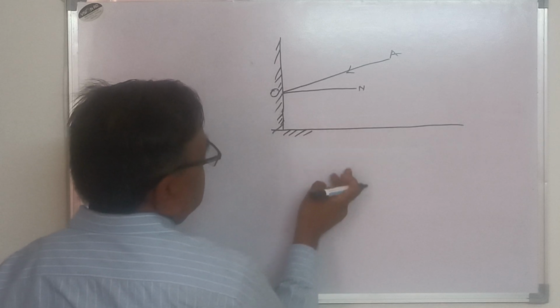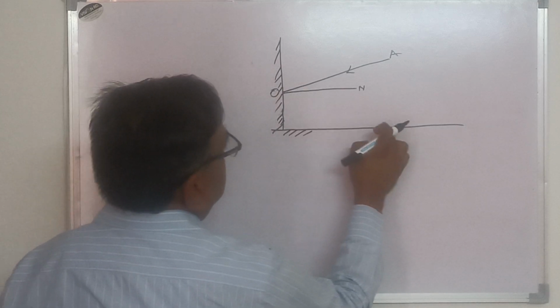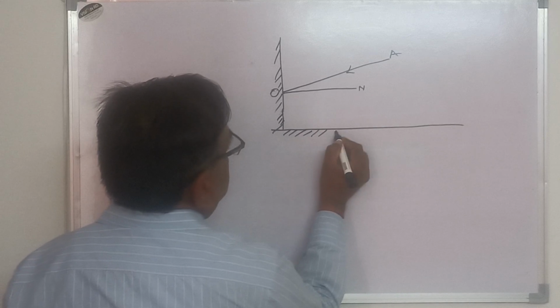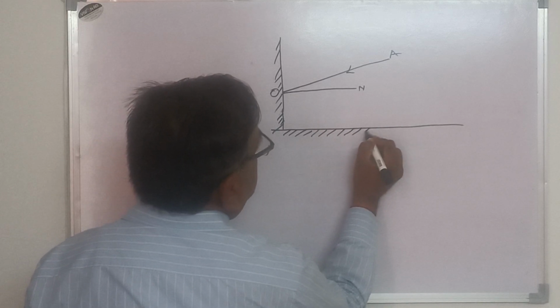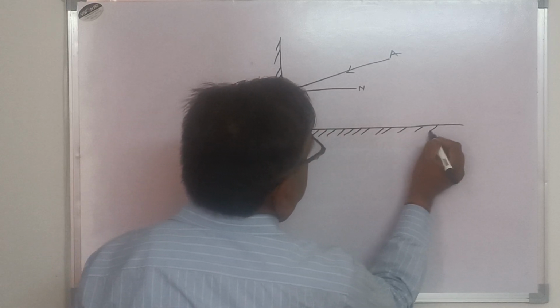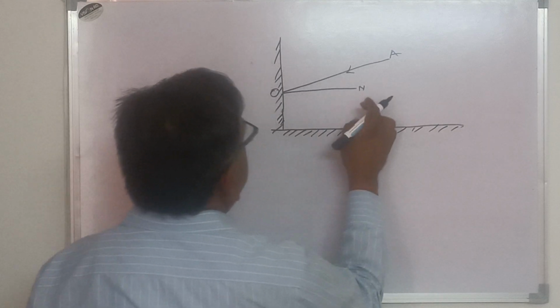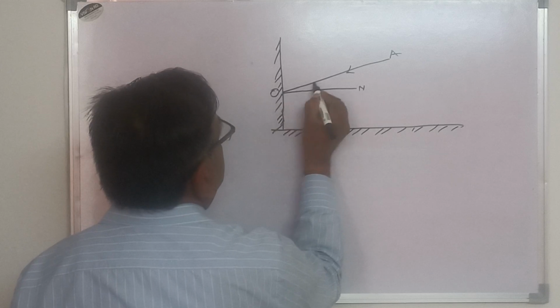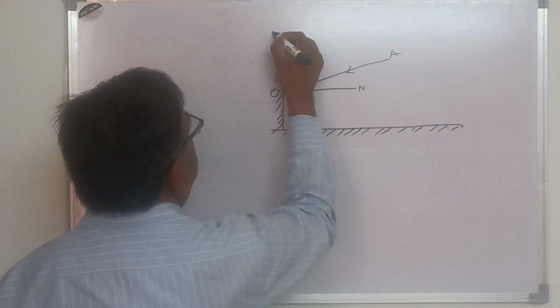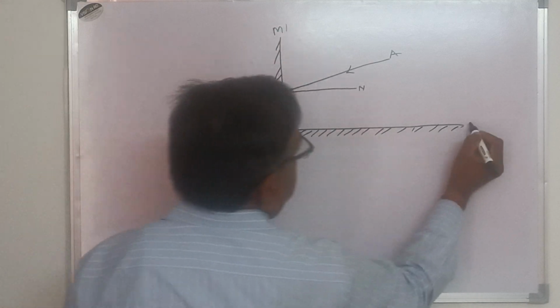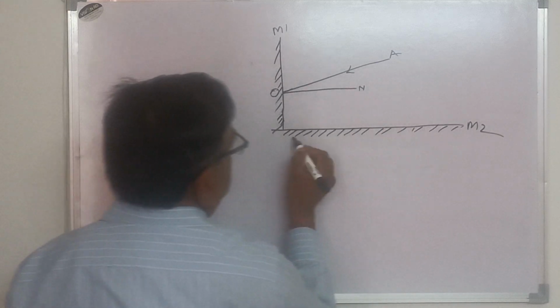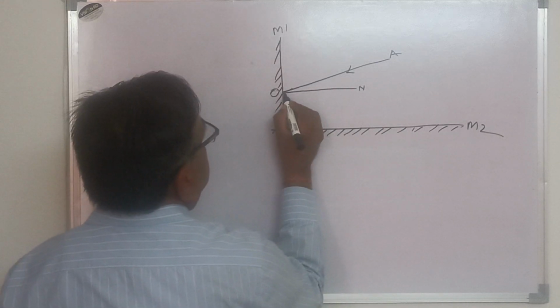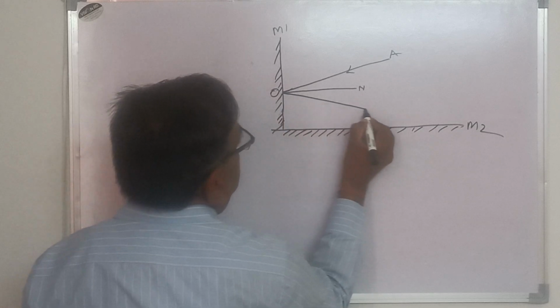If the reflecting surface is on this side, then this ray will strike here. So we take the reflecting surface on this side. This is the incident ray, this is normal. After striking the first mirror M1, and this is M2, the ray will come here.